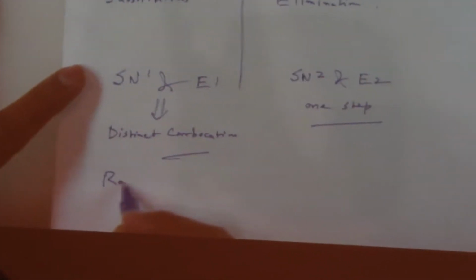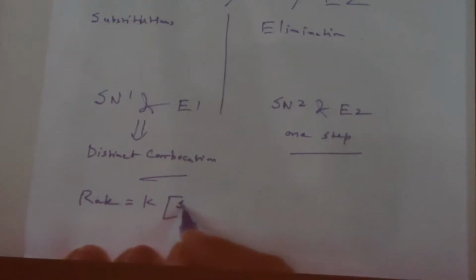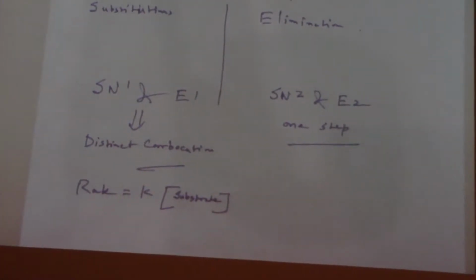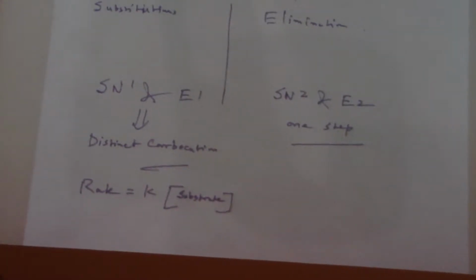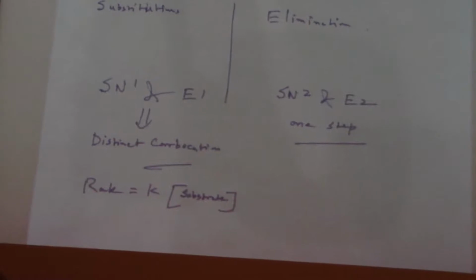Also, in the rate expression, the SN1 and E1 involve only the substrate. The substrate could be an alcohol, it could be an alkyl halide, but essentially no other reagents are involved in the rate expression, which is the slowest step in the process.